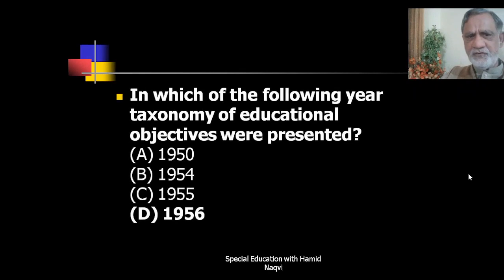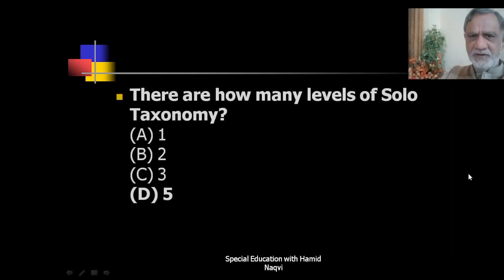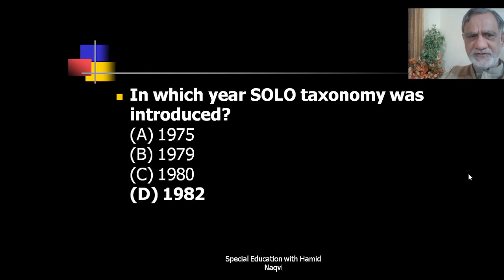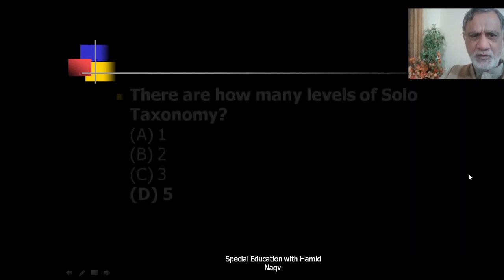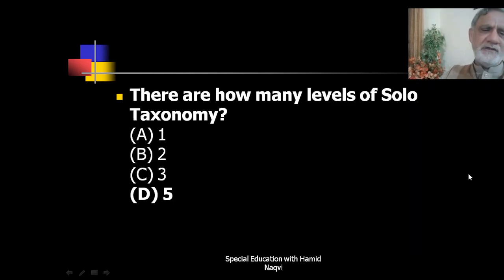In which of the following year taxonomy of educational objectives was presented? It was year 1956. There are how many levels of solo taxonomy? Correct is 5. In which year solo taxonomy was introduced? It was year 1982. There are how many levels of solo taxonomy? There are 5.